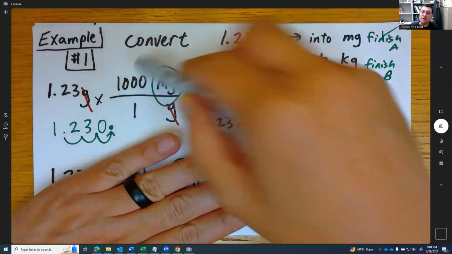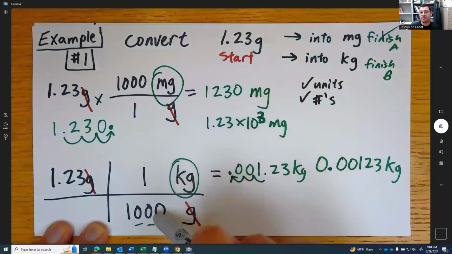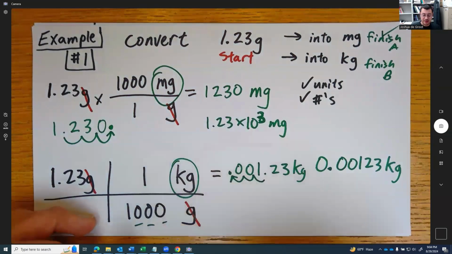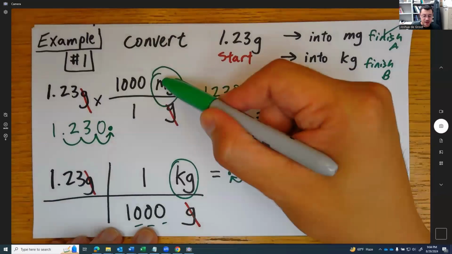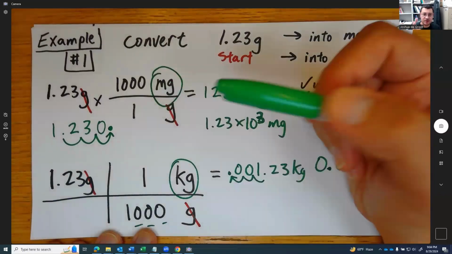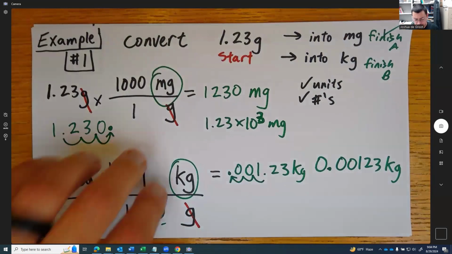It might be, it may not be. Here we saw it in the bottom. So the more important thing is making sure that the math is correct, and don't just assume where the power of 10 is going to be. Look at the relationship between the units and then put the power of 10 where it needs to be. All right, so good.